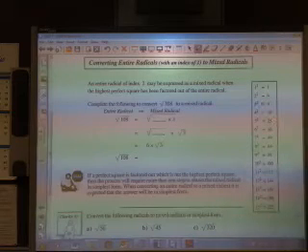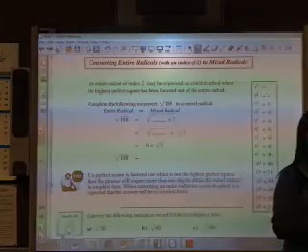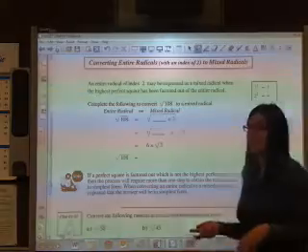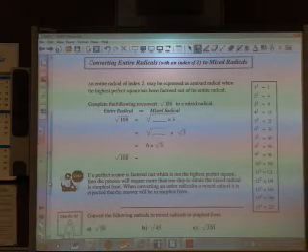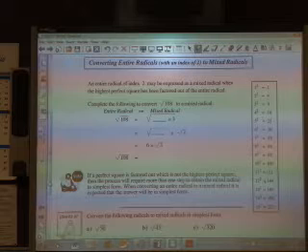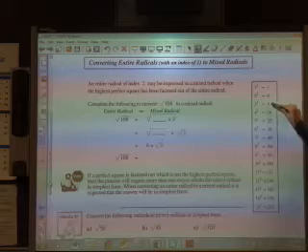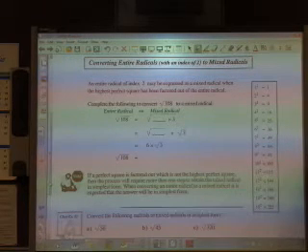This chart becomes very important because when I'm trying to go from an entire radical to a mixed radical, I'm looking for products that are these numbers. So if I look at 108, I want to see, can I divide 108 by one of these numbers nicely?